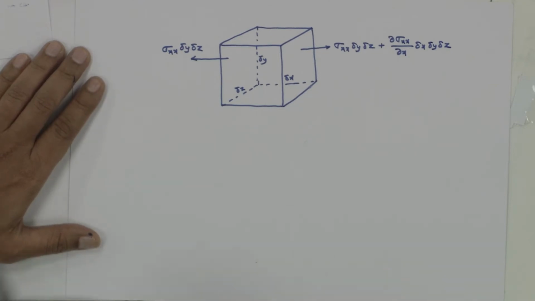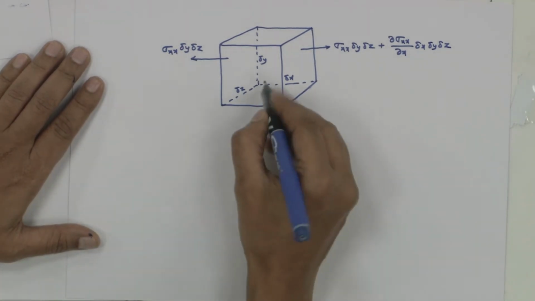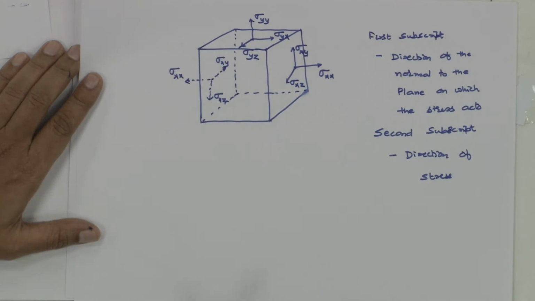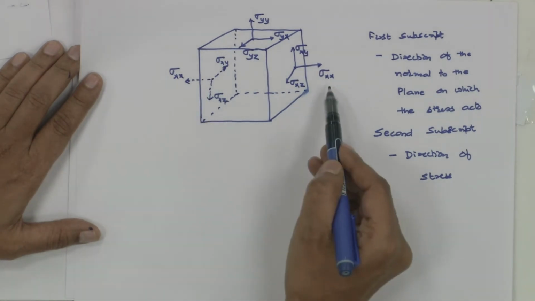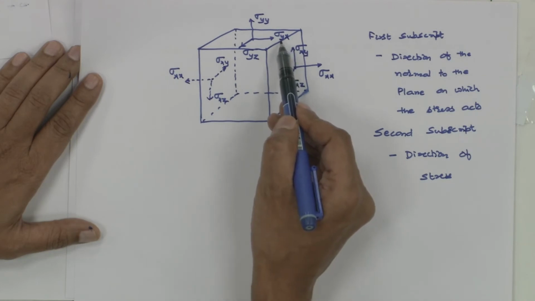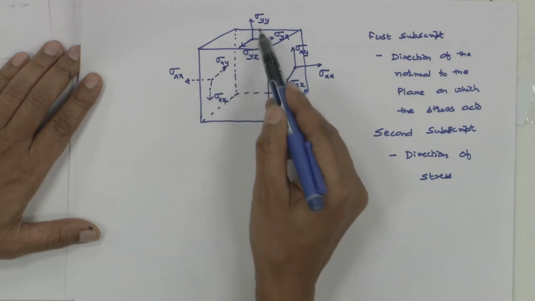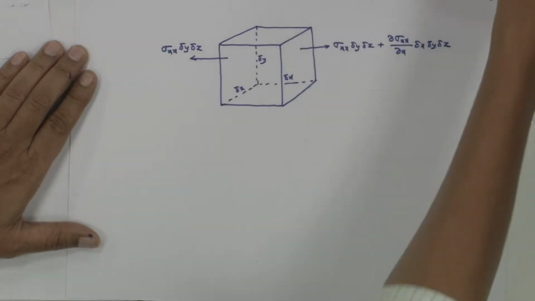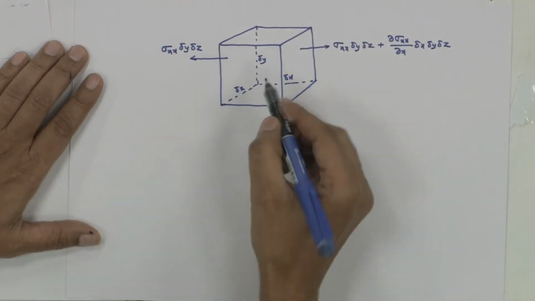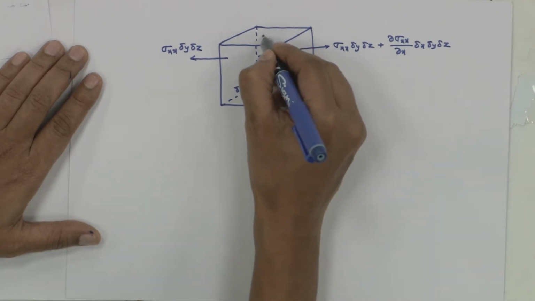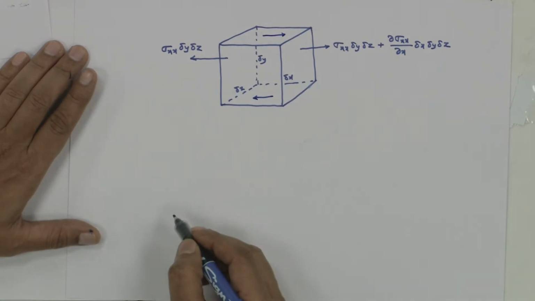Now let us write the shear stress and then come to pressure. The shear stress which is acting, if we get back to my figure, what stresses should I take? Sigma xx will contribute for the x momentum and sigma yx will contribute for the x momentum. No other stresses are contributing for the x momentum. So I will take sigma yx, that is, this will be from right to left here and from left to right on the top.